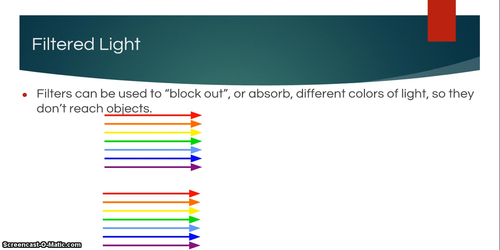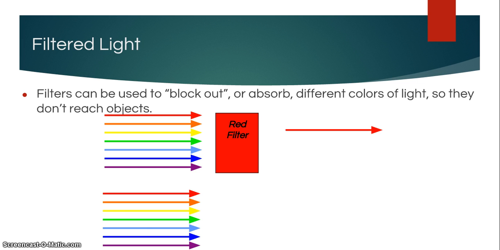So you're going to see that in class we will use a red filter at times. Basically it is a plastic piece that is red colored. And light can go through it, so it is a transparent object. And so when we shine white light onto it, we will only allow the red color to go through it. It blocks or absorbs all of the rest of the ROY G. BIV.